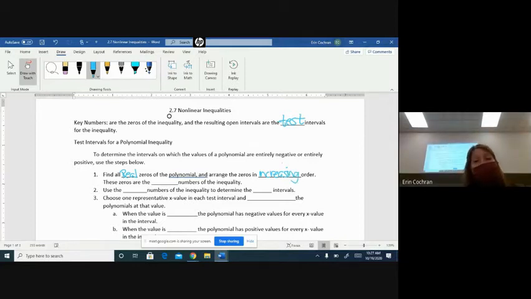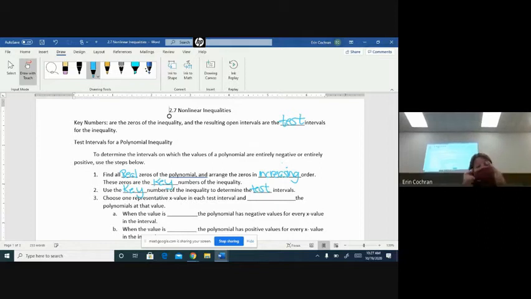These zeros are the key numbers of the inequalities. We will then use those numbers to determine our test intervals.